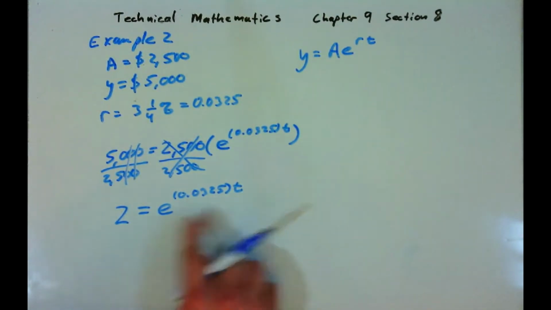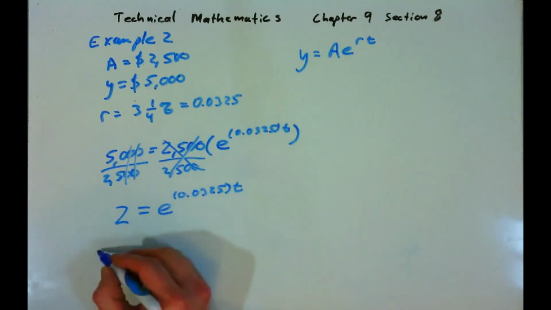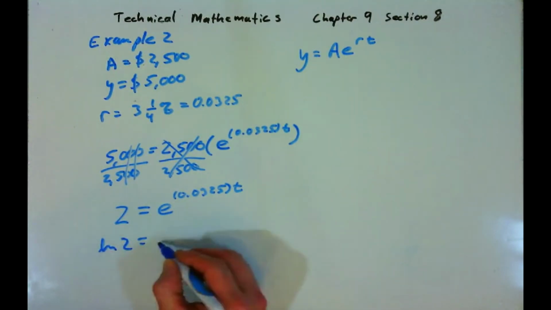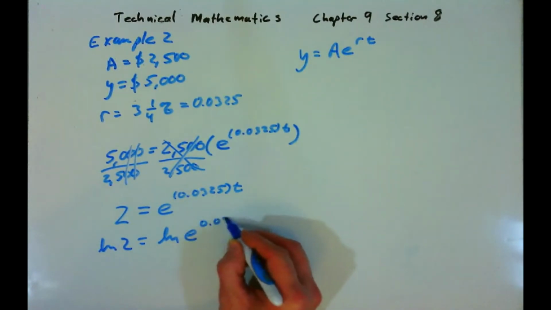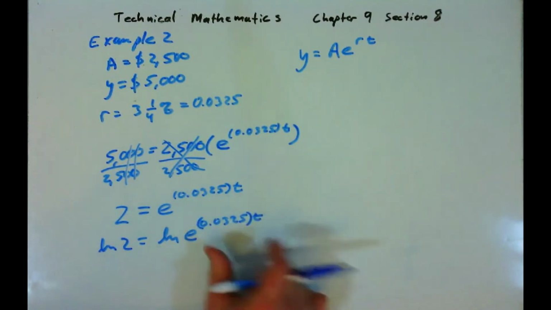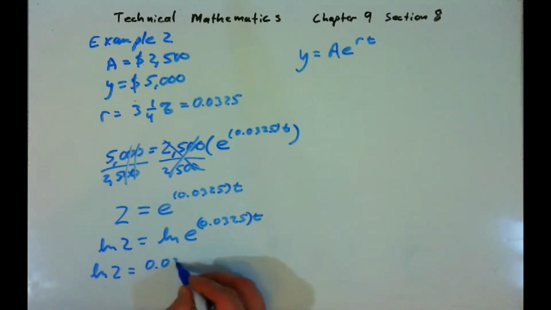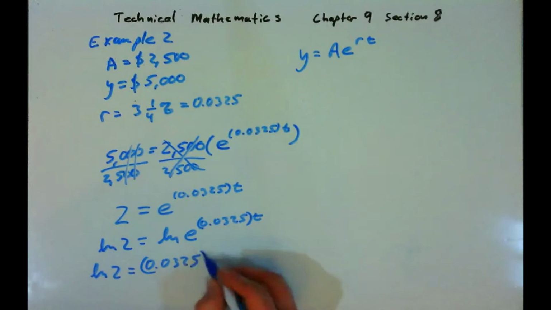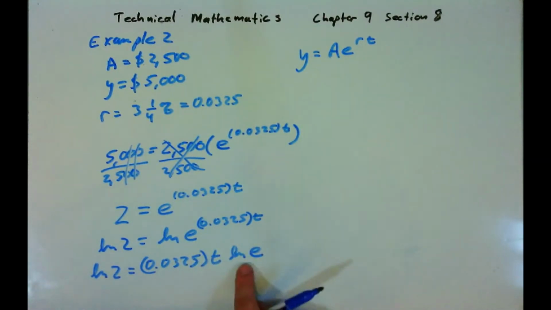Now I can take the natural logarithm of both sides, and I definitely want to use the natural logarithm because the base is already e. So we'll have the natural logarithm of 2 is equal to the natural logarithm of e to the 0.0325 t power. That allows me to bring the exponent out as a multiplier. So we will get 0.0325 t times the natural logarithm of e.